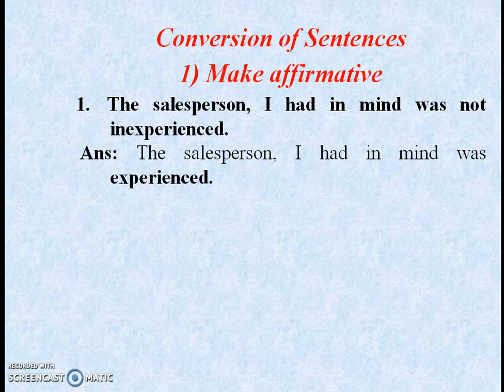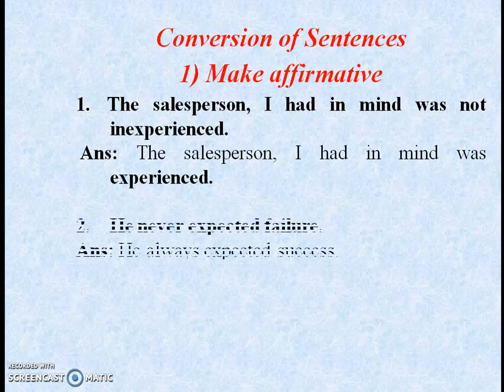But we have to take two more cares, that is its tense should not be changed as well as its meaning also should not be changed. See its conversion. The salesperson I had in my mind was not experienced.